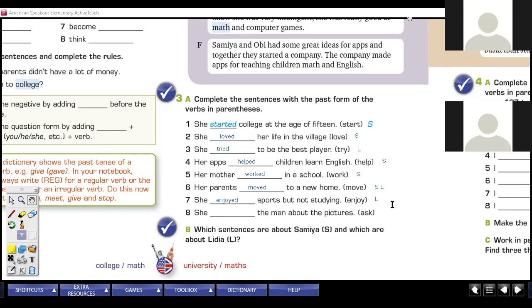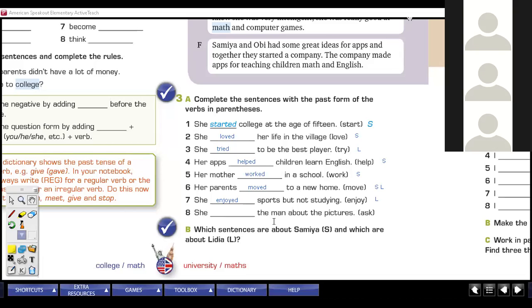Jessica. Can you read it completely? ¿Qué? Can you read it complete? ¿Que lee la versión? Ah, complete.